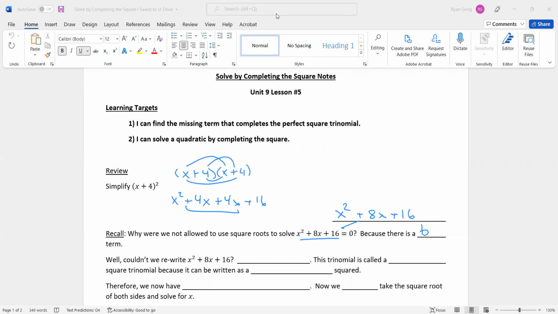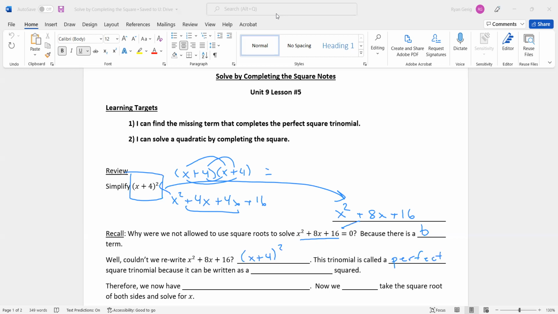Well, couldn't we rewrite x squared plus 8x plus 16? I mean, we started with this. Couldn't I rewrite it as x plus 4 squared? Right? I mean, those two things are equal. We just showed that. Okay, that trinomial, x squared plus 8x plus 16, is called a perfect square trinomial.